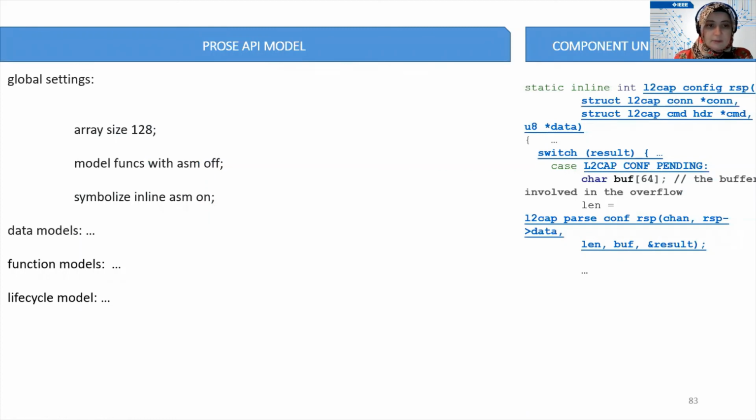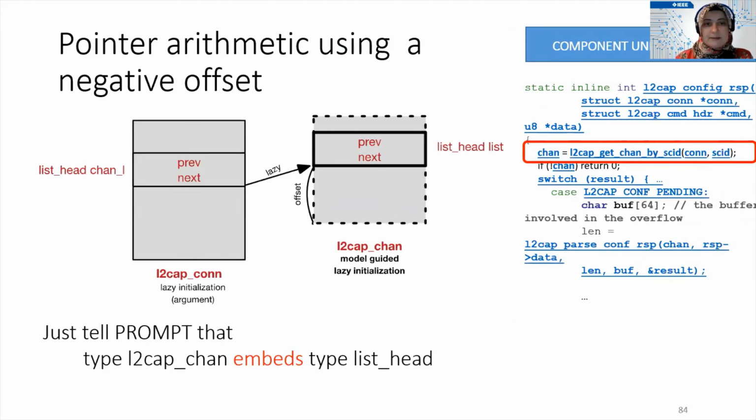So the model is a little bit longer. Let me talk about this particular setting that says type l2cap_chan embeds type list_head. list_head is a generic linked list implementation in the Linux kernel, and for this component that we analyze, if we don't specify this, then as I mentioned before, the pointer that would be derived to point to the l2cap_chan object would lead to a memory error, and it would be a false positive, and it would prevent us from making progress beyond this point.